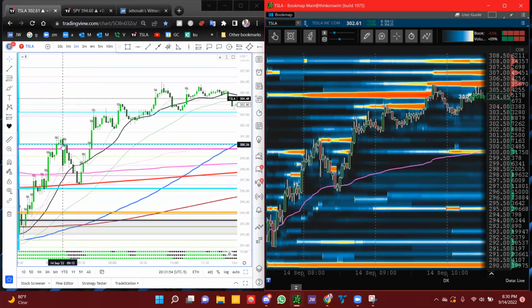Again, we know there's going to be major buying and selling off of these levels, so understanding where they're at can give us an idea of where we're going to look, especially whenever you're looking to get into some shorter term trades during the day.